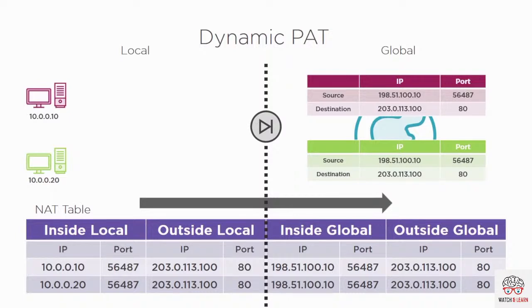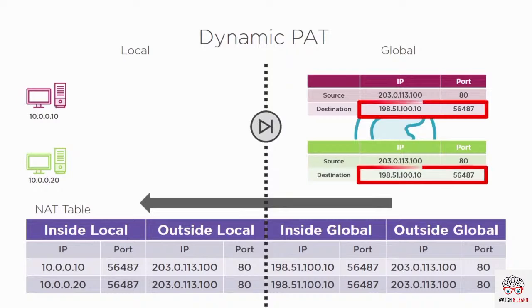Now the source port number here for both of these messages just happened, accidentally, to be chosen by both workstations at the same time to be the same number. What's going to happen here is when we try to get these messages back into our network, the destination is 198.51.100.10 for both messages, and both messages have a destination port of 56,487.